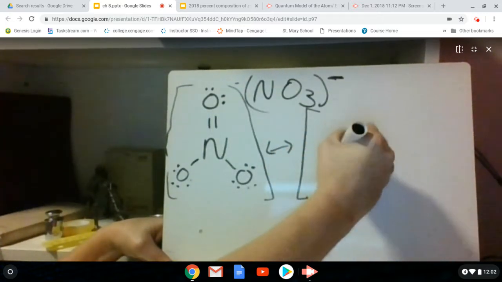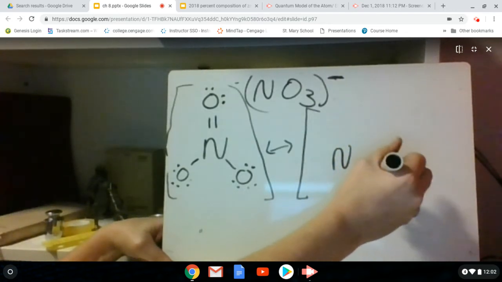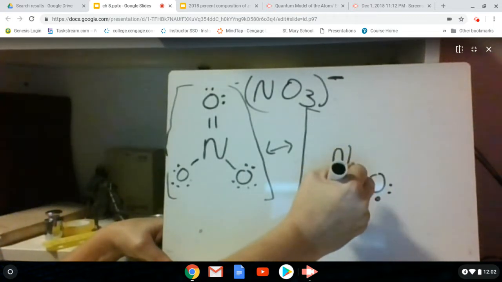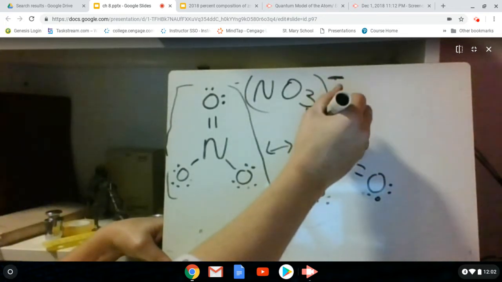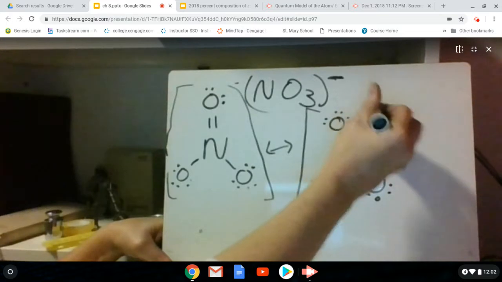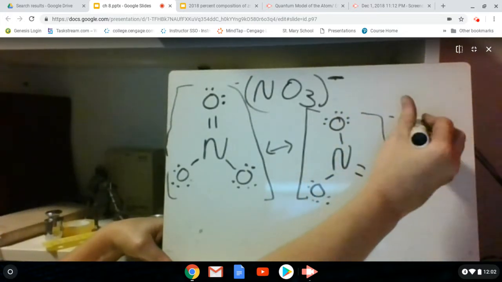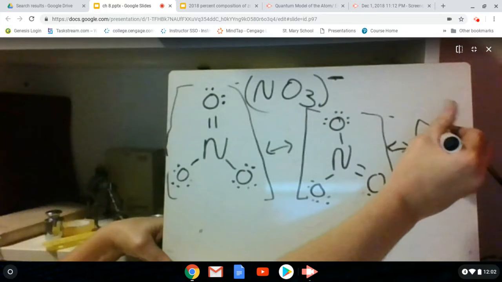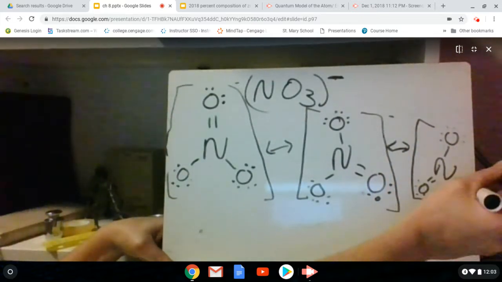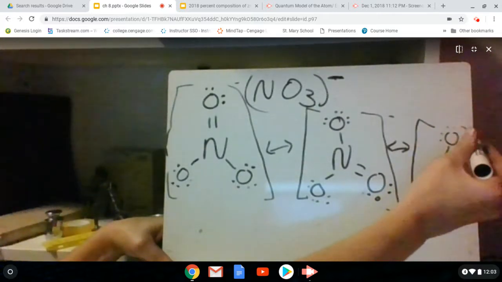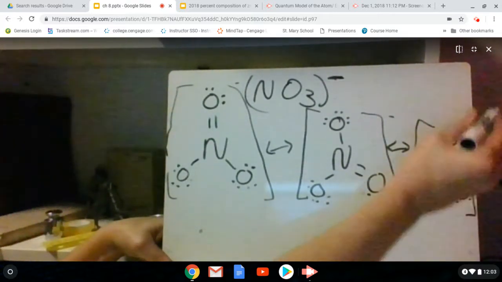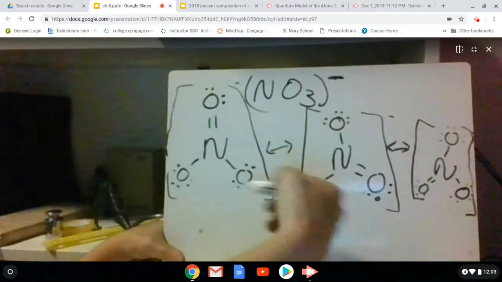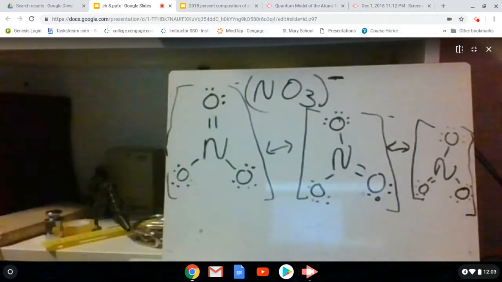And so what happens with the resonance structure is that this double bond kind of makes its rounds, so that the actual structure is a mixture of these three structures because of the movement of the electrons.